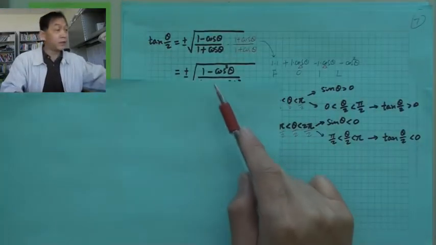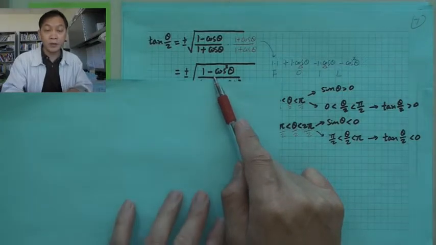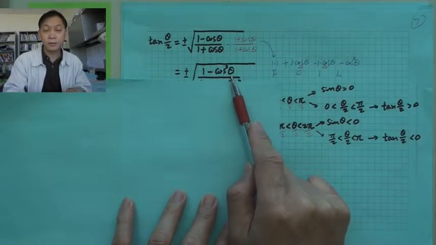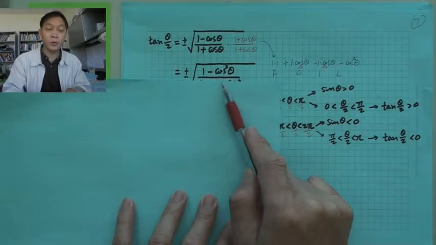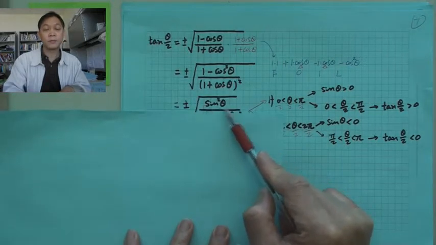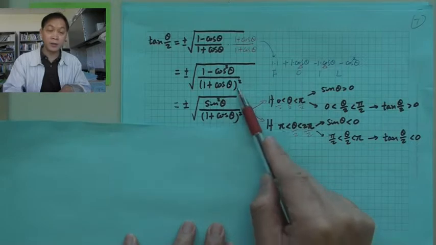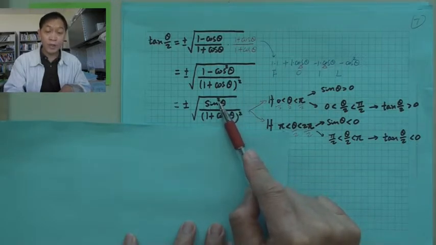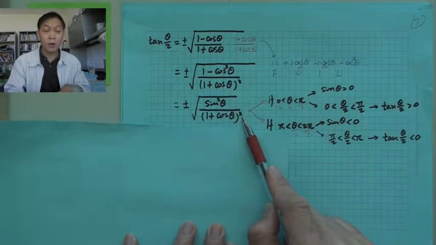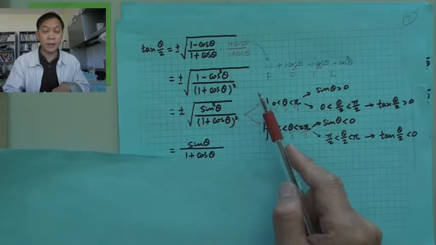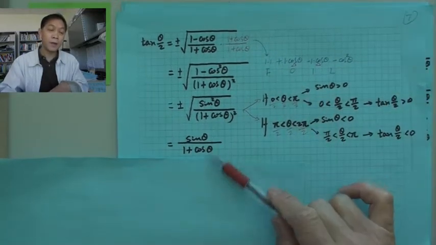So here basically it gives us 1 minus cosine theta squared, which is sine theta squared. Okay? And down here we just copy it. We have this squared and this squared, so there will be no radical sign. We can get these two out.